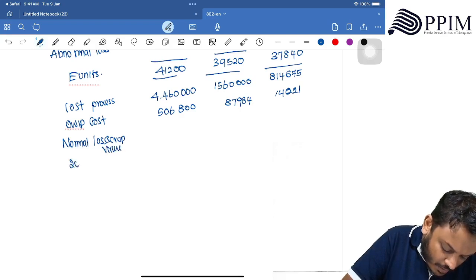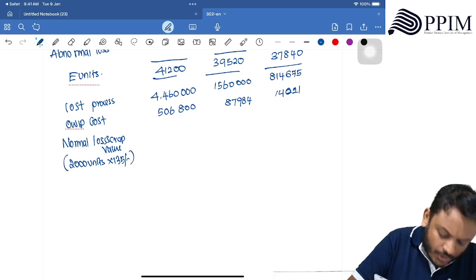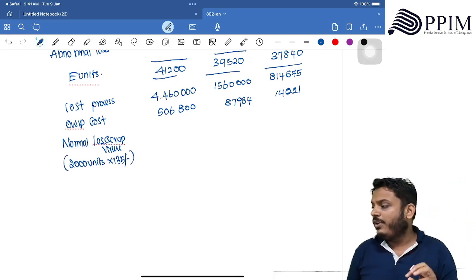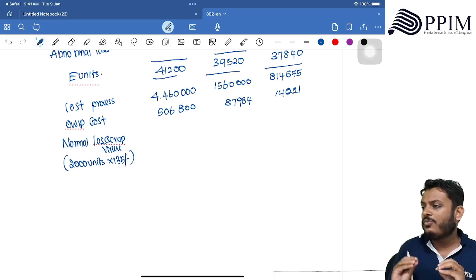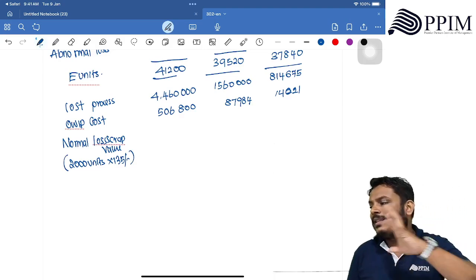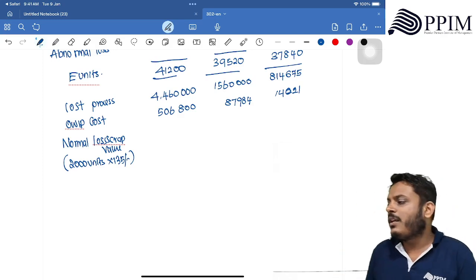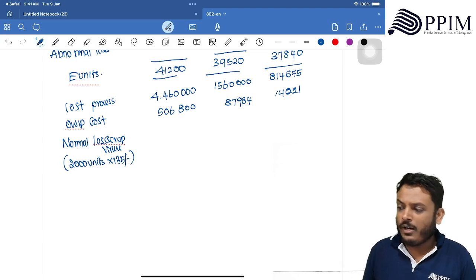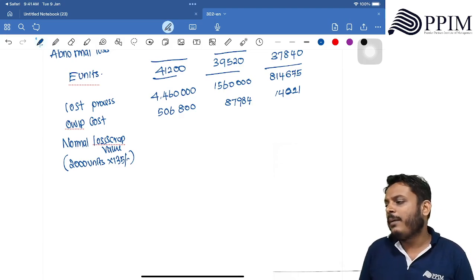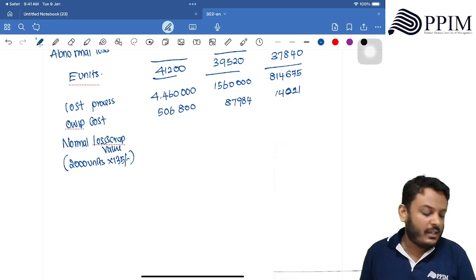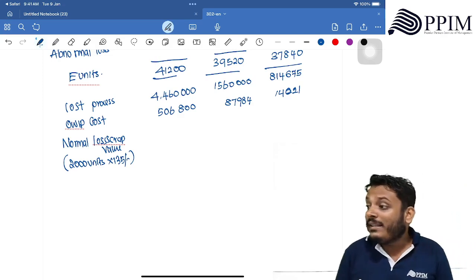Normal loss is 2,000 units, scrapped at 135 per unit.